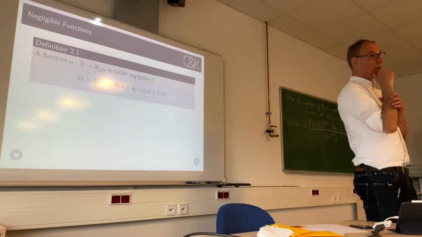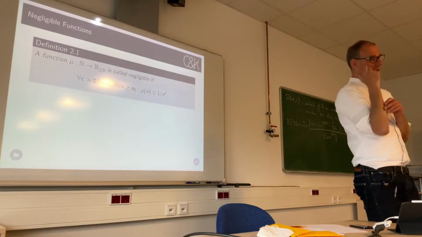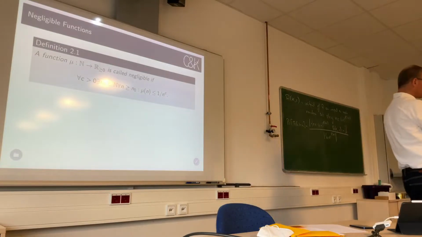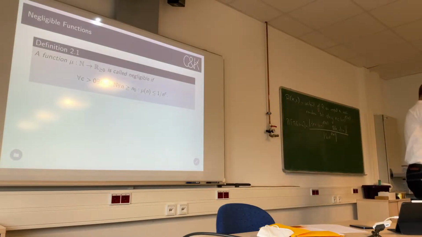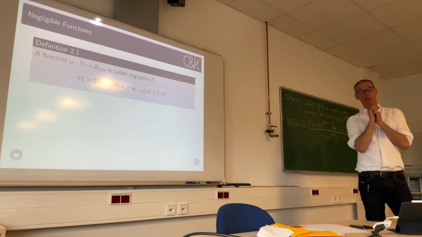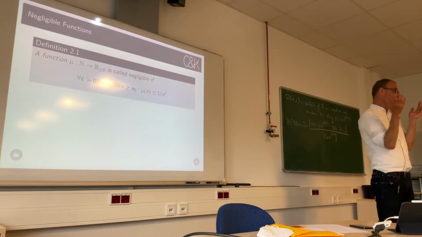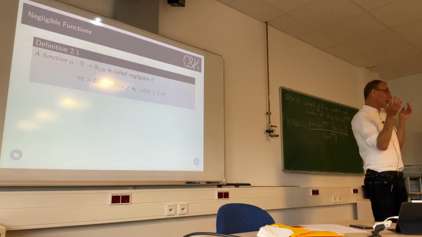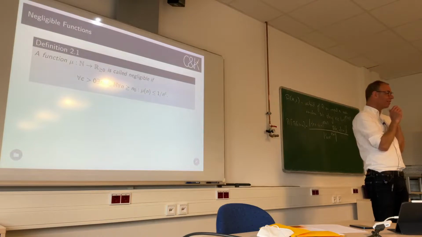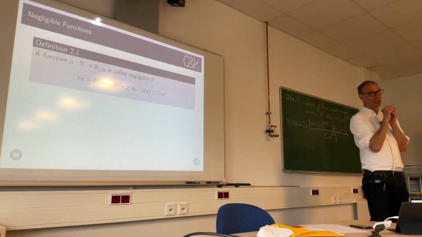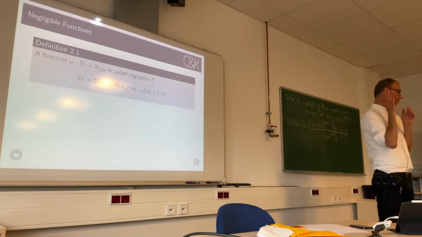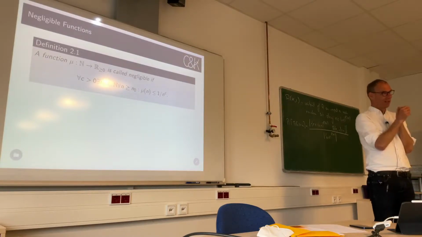And the way we do that in modern cryptography is using the notion of negligible functions. As I said, the term negligible means basically you can ignore it. Negligible for us means for all practical purposes it's 0. It's not, but for all practical purposes it is 0.